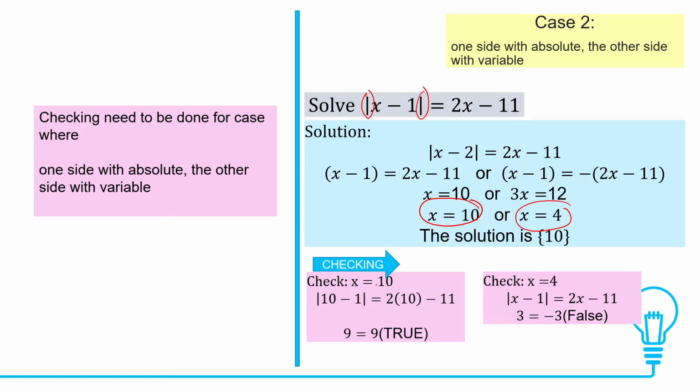So when I substitute 10 into the original equation, 10 minus 1 is 9, and 20 minus 11 is also 9, so this one is true. When I substitute 4 into the original equation, 4 minus 1 is 3, but 4 times 2 is 8, minus 11 is minus 3, so this one is false.